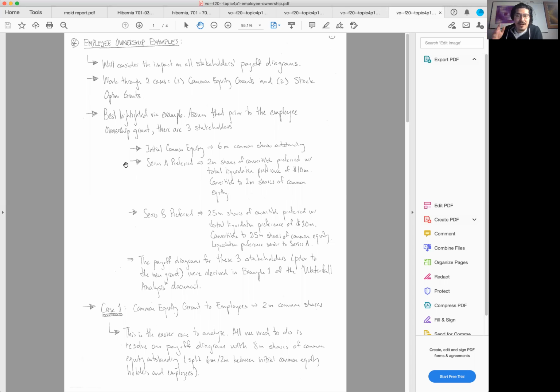It's written in a fairly readable manner. So you can review this as well if you want to learn about how employee ownership impacts the waterfall analysis problem. Are we okay? Now, here's another thing I will announce. The employee ownership example is not fair game for the final. Okay? So if you are time constrained, don't read this now.